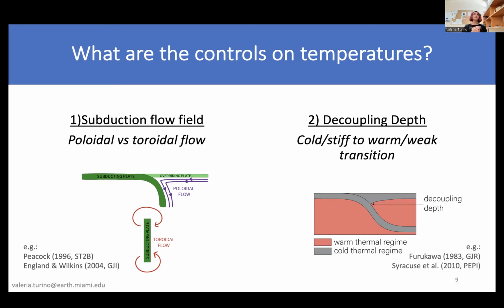Generally speaking, in the literature, the decoupling depth is considered as fixed, and this comes out from heat flux measurements. But we are going to consider our decoupling depth as variable with the system as well. So it's going to evolve naturally with our models, and it will depend on the time since initiation and also on convergence rate. So 3 things to keep in mind: subduction flow field, decoupling depth, and convergence rate links everything.